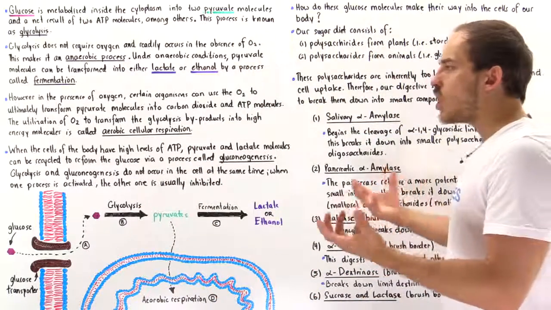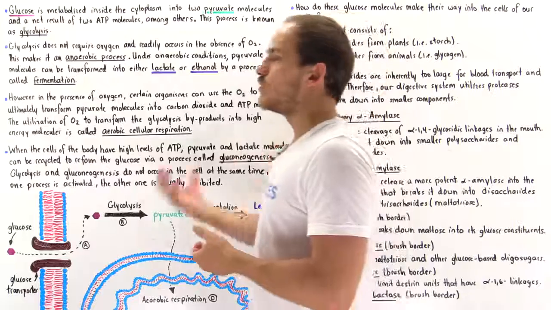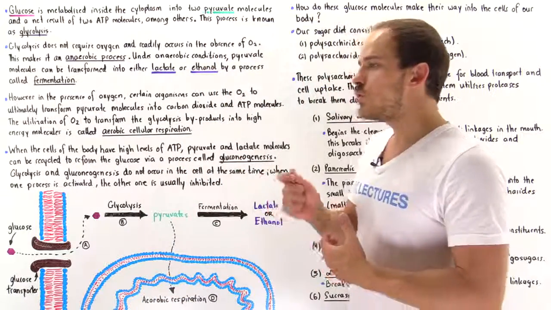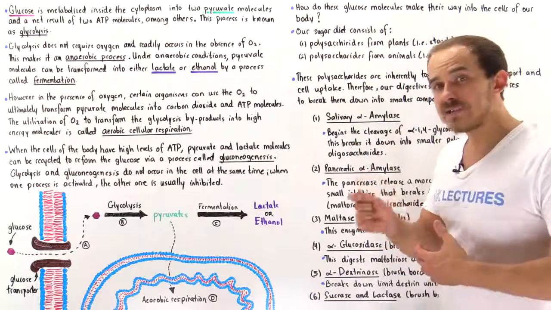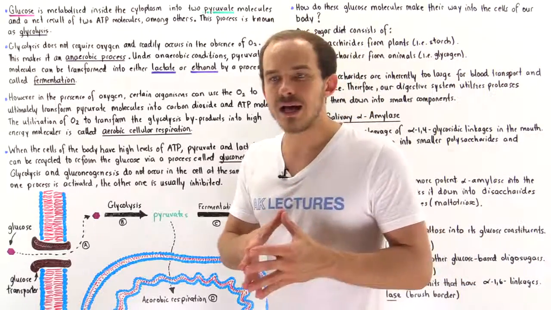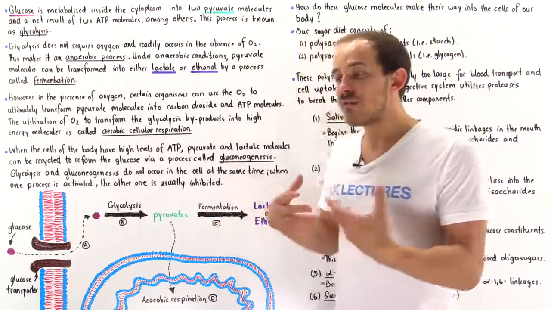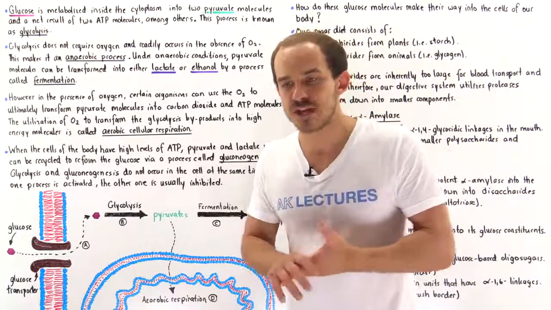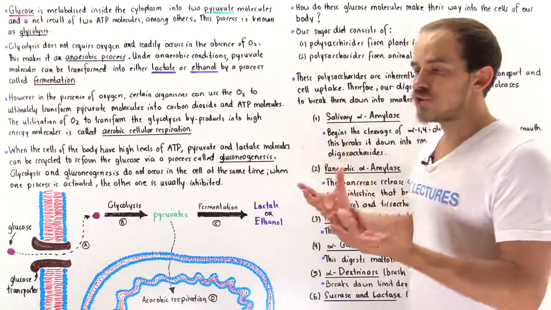So now we know the general idea of what glucose metabolism actually is, but how does that glucose actually make its way into the cells of our body? Or more generally, how does the glucose actually make its way into our body in the first place? Well, via the ingestion of food.